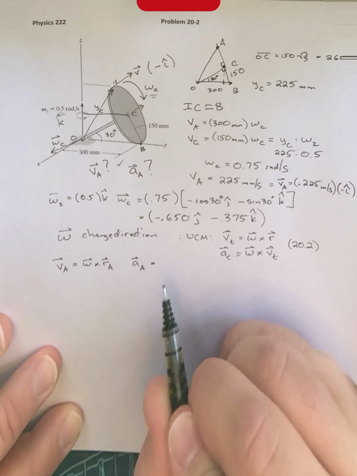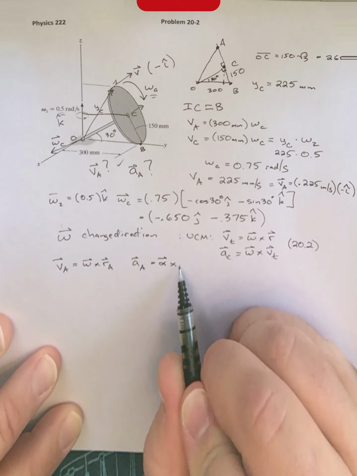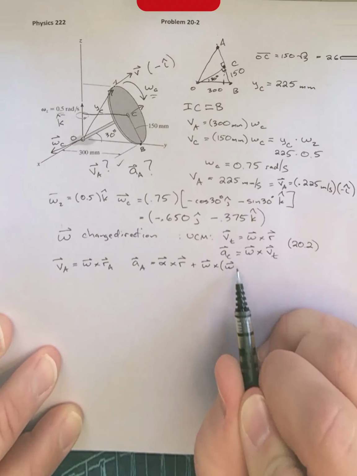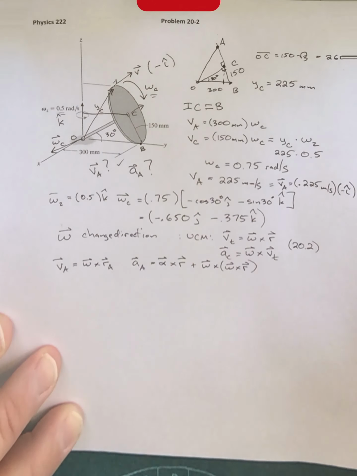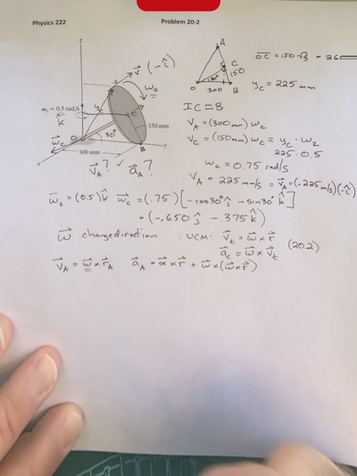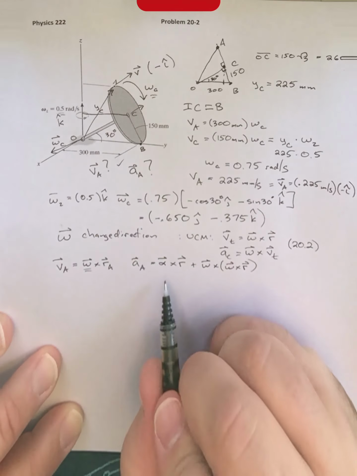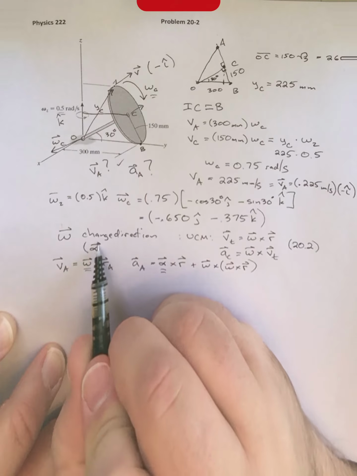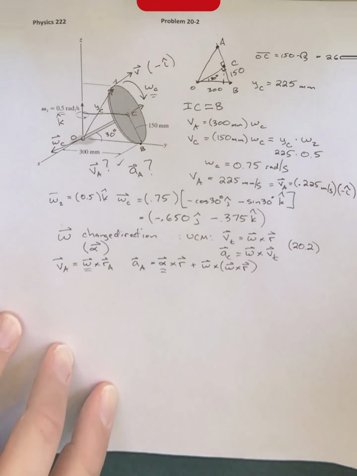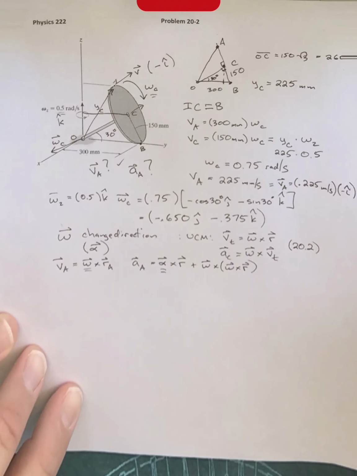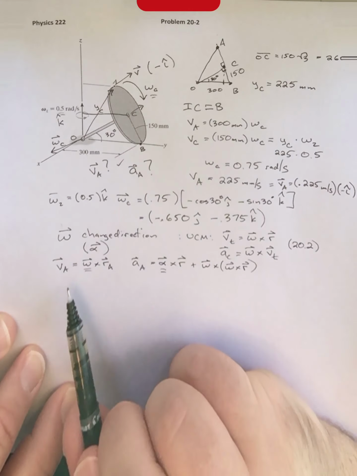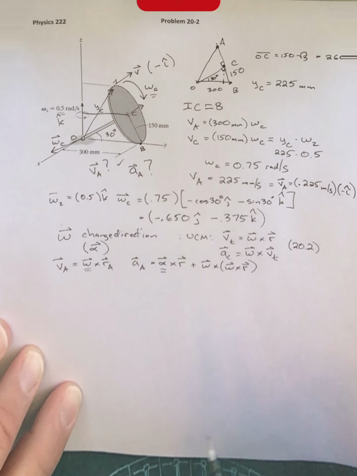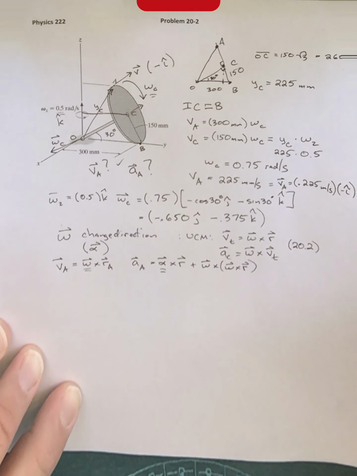The acceleration of point A is going to be some alpha cross R plus omega cross omega cross R. We first off don't know what our omega is, and second, we are going to have an angular acceleration because, as we said before, our omega is changing direction. So what we need to do is find out first what this omega is, then use that to find alpha, and then we can plug that back in to find our A sub A.